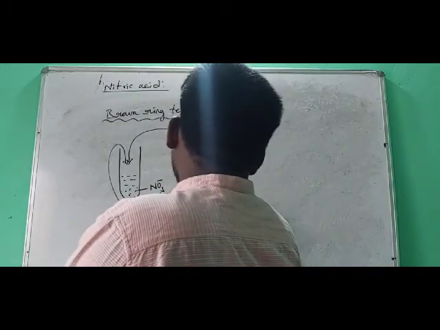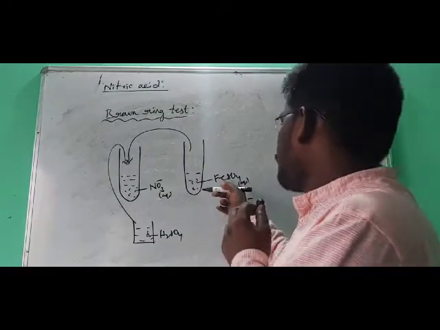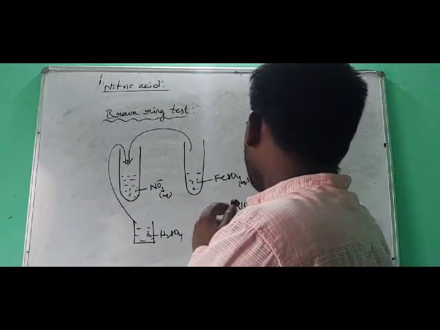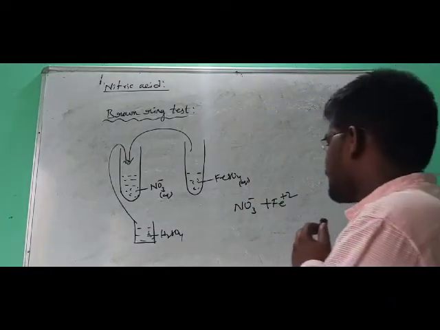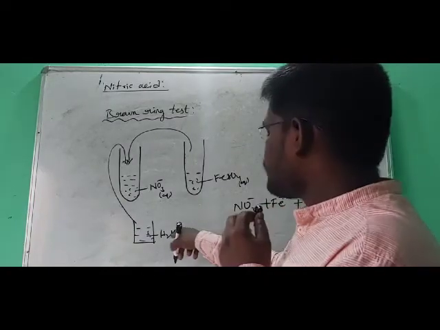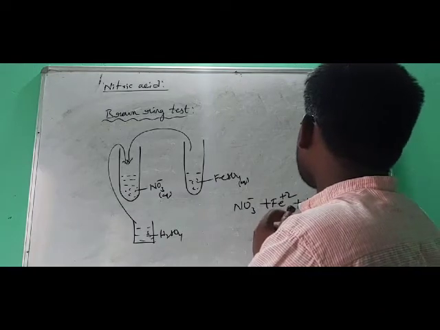So now in this one we have nitrate ions, NO3 minus, and FeSO4 also present. In FeSO4, Fe has a +2 oxidation state. And in H2SO4, after adding it, it can release H plus ions.